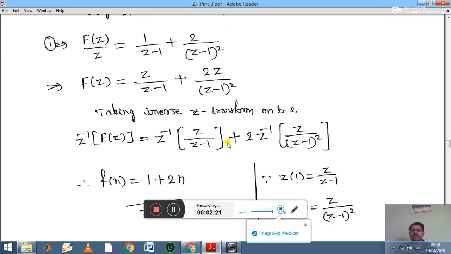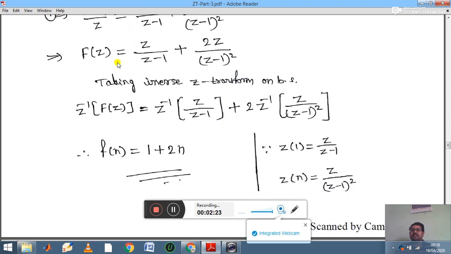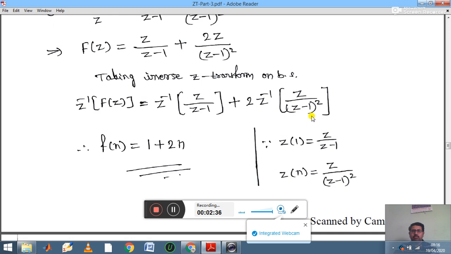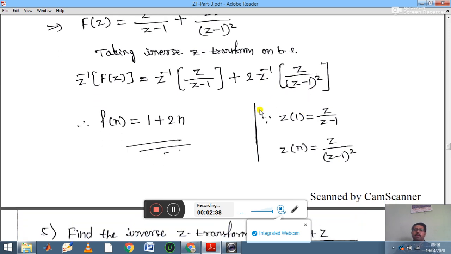Now you apply inverse z transform on both sides, it becomes z inverse of F of z is equal to z inverse of z by z minus 1 plus 2, you take it outside, z inverse of z by z minus 1 whole square. Now use the formulas. Inverse z transform of F of z is f of n, and inverse z transform of z by z minus 1 is 1 by using this formula.